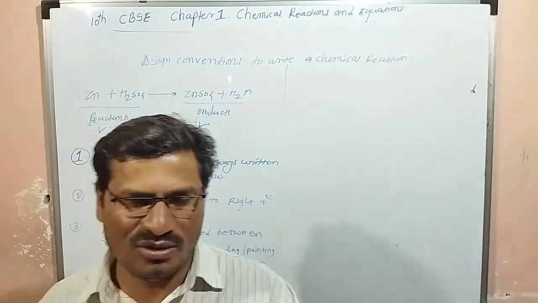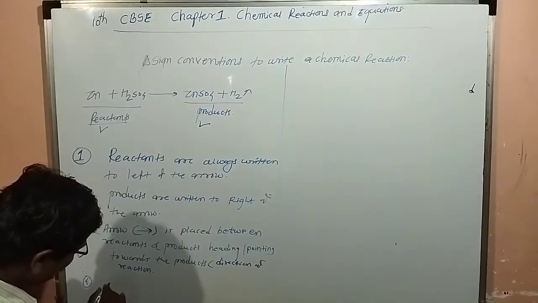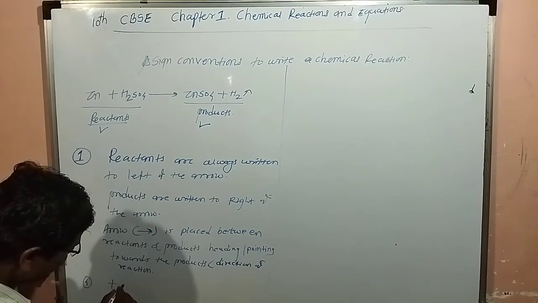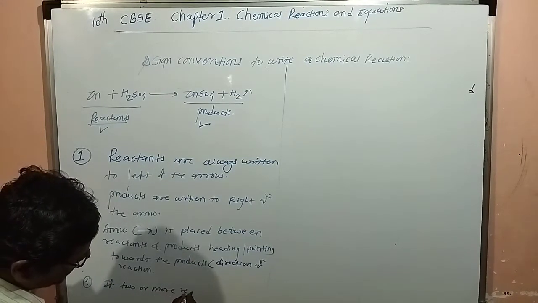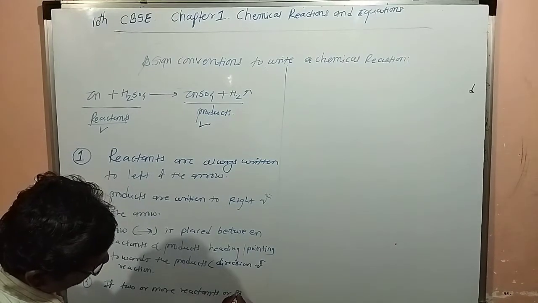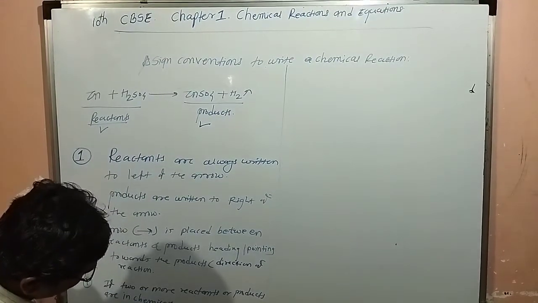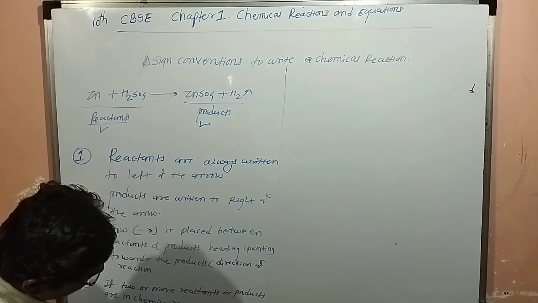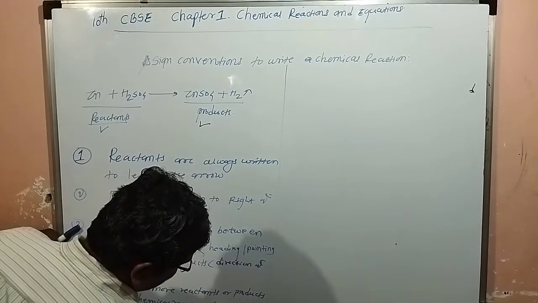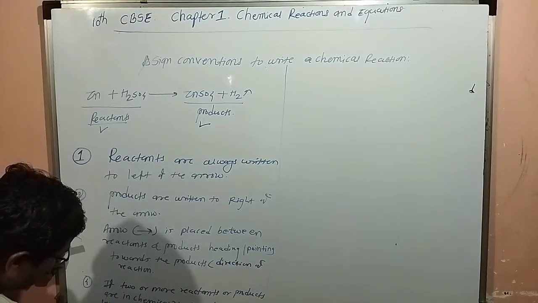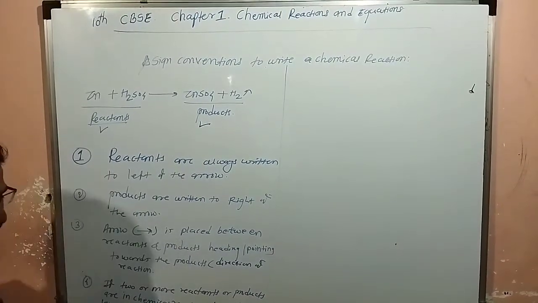So if two or more reactants or products are in a chemical reaction, then a plus sign is written between reactants and between products.